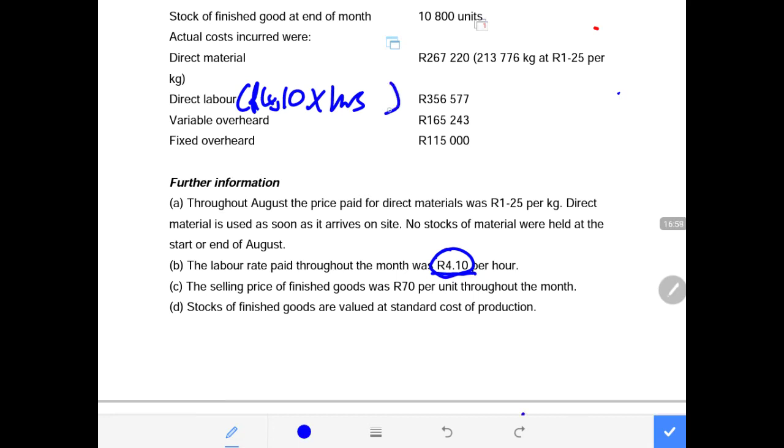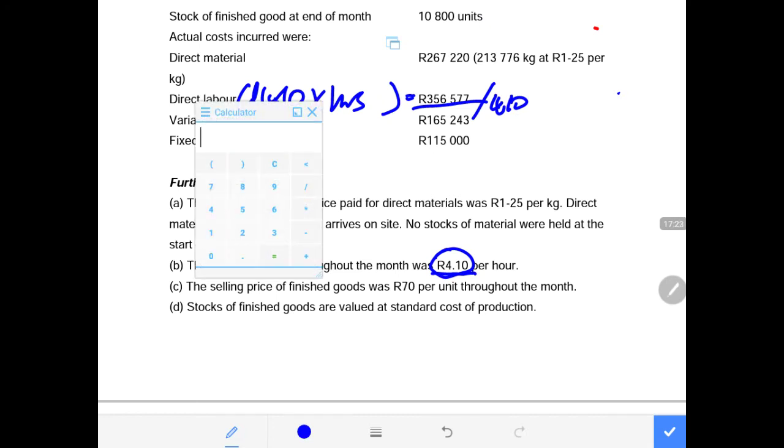356,577. So now we need to calculate the hours. That means the hours equal the total cost divided by 4 rand 10 cents. This will cancel this. Whatever we do on the debit side, we also do on the credit side. For every debit entry, there is a credit entry.